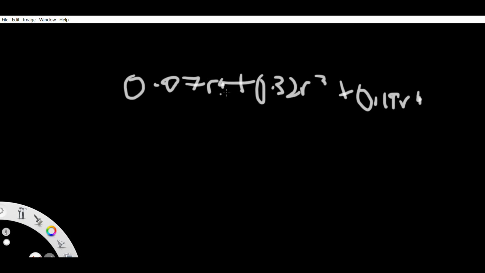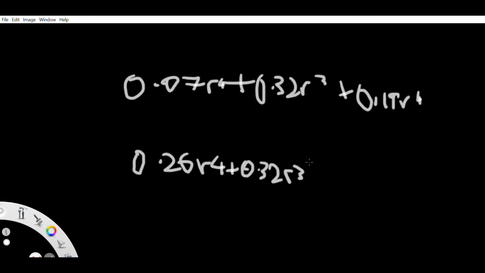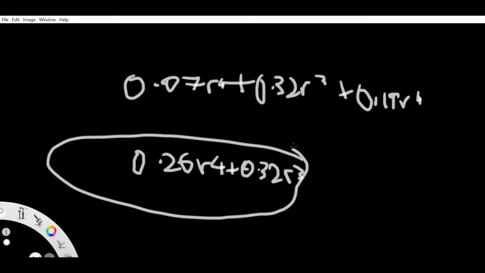So we can only add these two, so it would become 0.26, since 19 plus 7 is equal to 26, r to the power of 4, plus 0.32 r to the power of 3. So this is our solution.